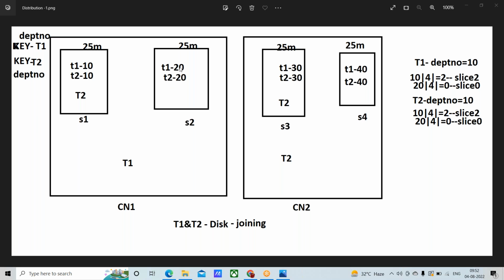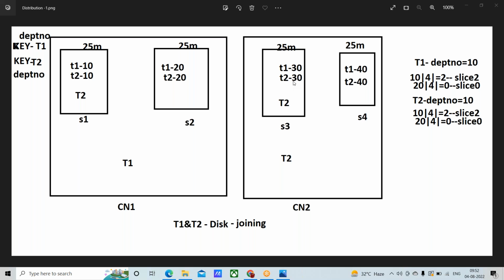If the value is the same, whether it comes from T1 or T2, they will go to the same slice. Similarly, with value 30. If two tables are distributed on the same distribution key, matching values will go to the same slice.